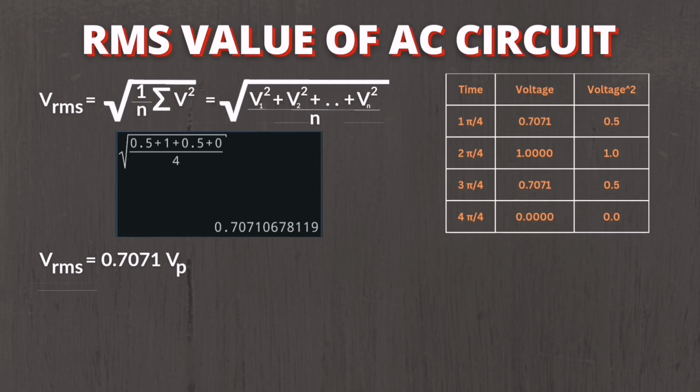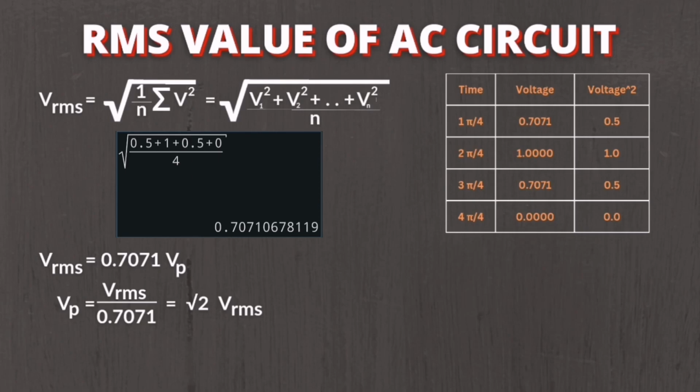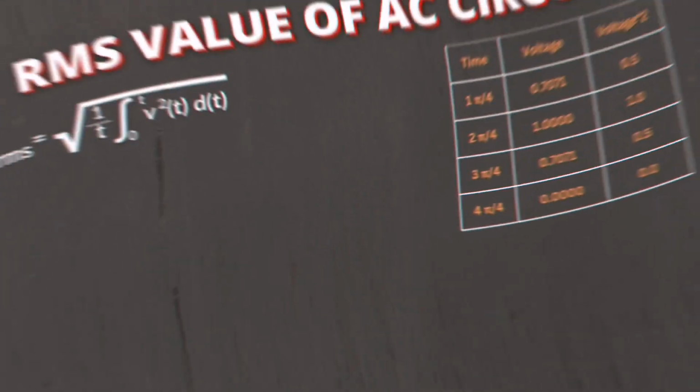Guys, remember the formula. Vrms is equal to 0.7071 Vp, and Vp is equal to Vrms divided by 0.7071 or equal to square root of 2 Vrms.